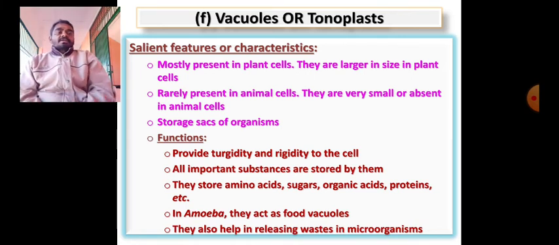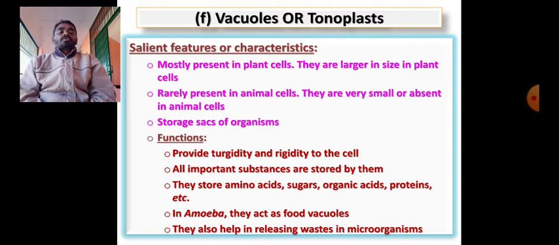Now, all important substances, what are these? Third point you read: the amino acids, sugar, organic acids, proteins, and apart from that fat materials. All these things are kept stored in them. That's the reason that vacuoles are called storage sacs of organisms. And in the case of amoeba, which is a microscopic organism, you can find that these vacuoles are present in the form of food.